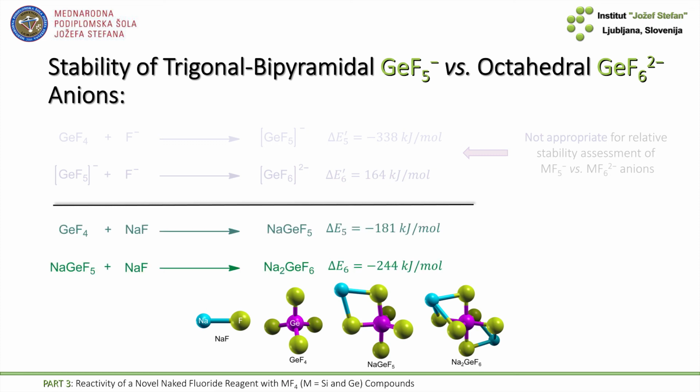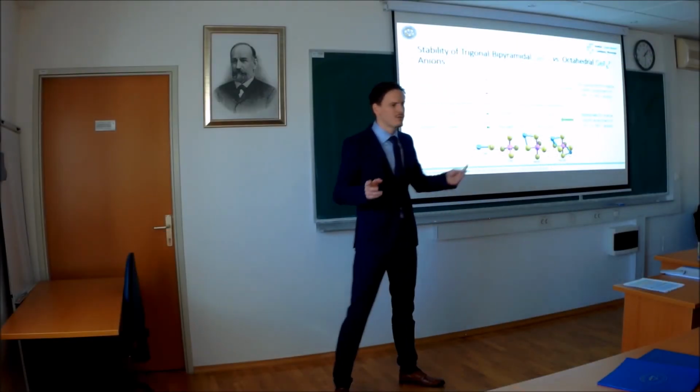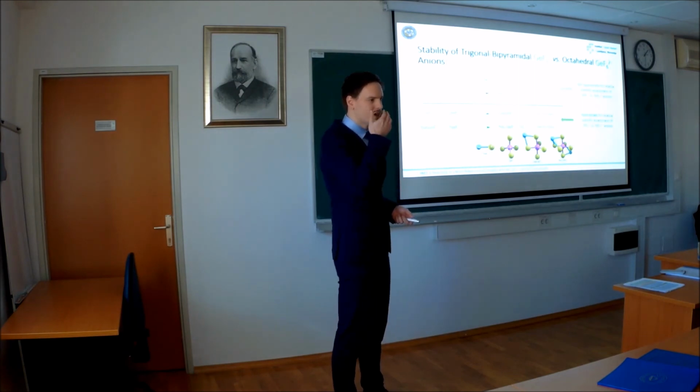And if you then perform calculations on this system, you can see that they reflect the observed structure, the empirical data. Namely, the first product, so sodium pentafluoridogermanate, is favored against the reactants by roughly 180 kilojoules per mole. However, the next reaction step is even more favorable. And although these numbers are not to be taken too absolutely, it was the trend that we were interested in.